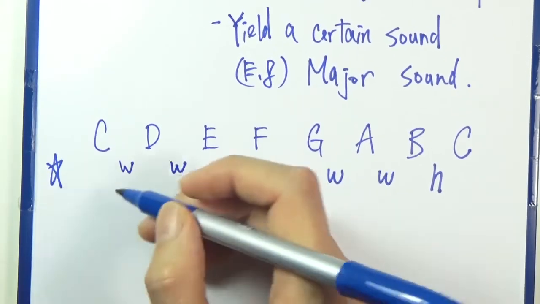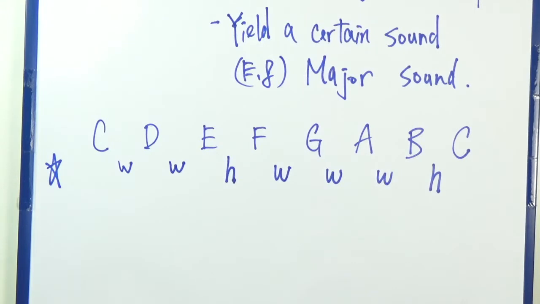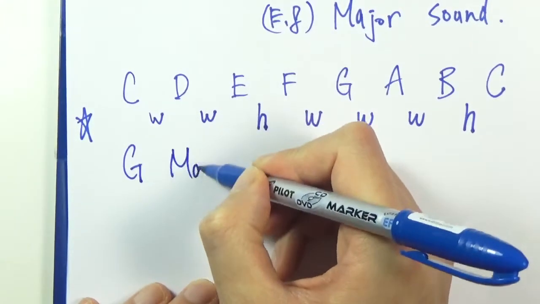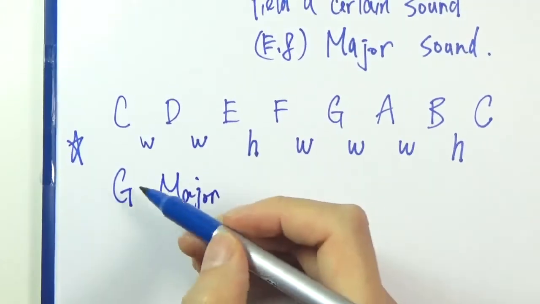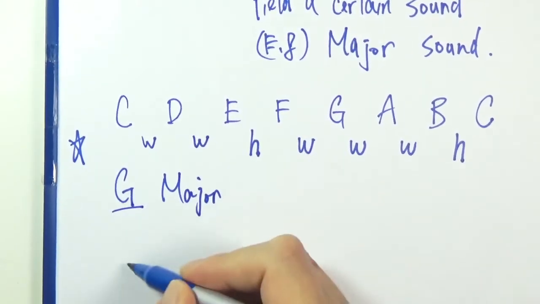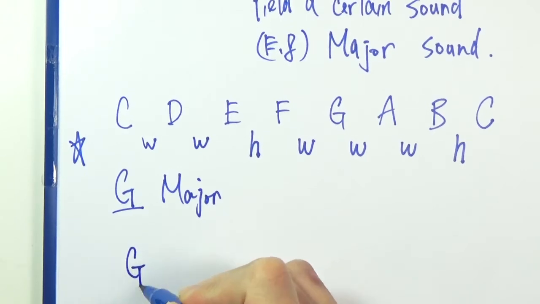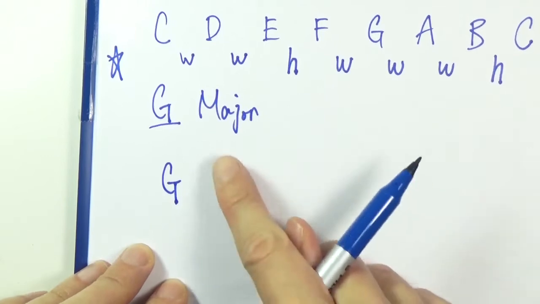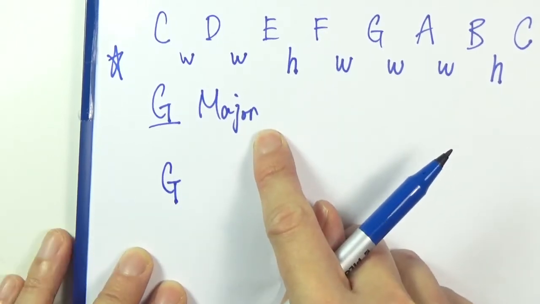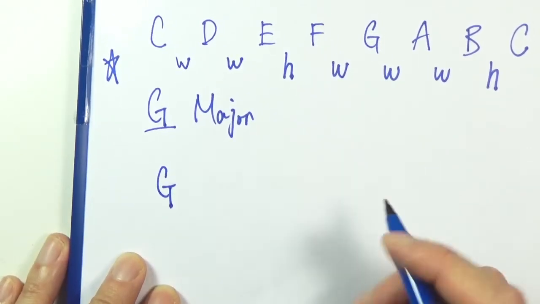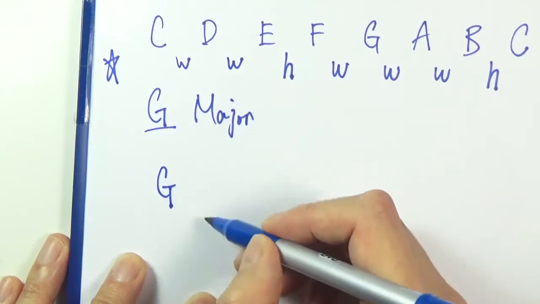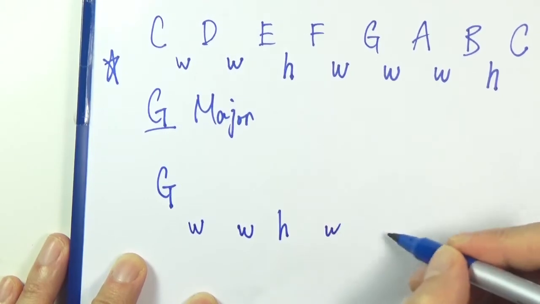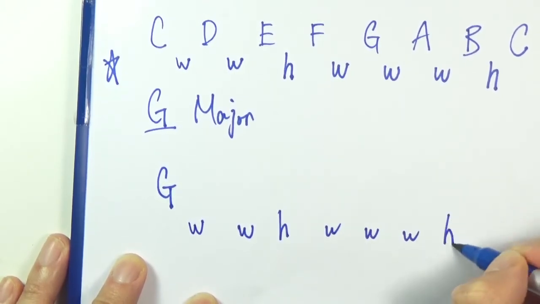For example, what if I want to start on G? I would call it a G major scale. G major means that I will have to start on a G note, and a major scale requires a very specific set of interval patterns: whole, whole, half, whole, whole, whole, half.